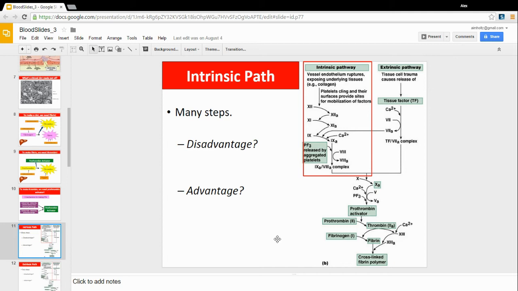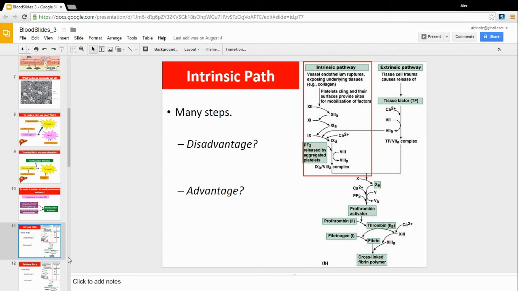Think about a pyramid. All right. Step one creates 2 components, which create 4, which create 8, which create 16. So the more steps you have, the more you end up making. So intrinsic path, disadvantage, it's slow. Advantage, it allows for making a lot of prothrombin activator.